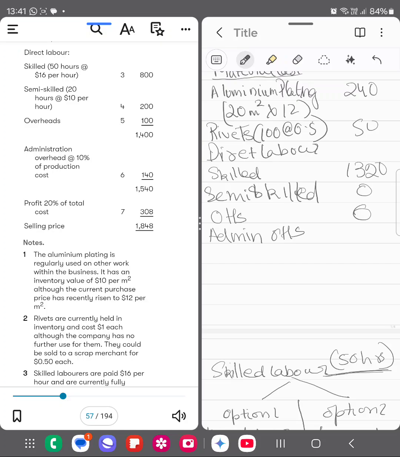So the relevant cost for administration cost will be 0. This is something we really need to understand.